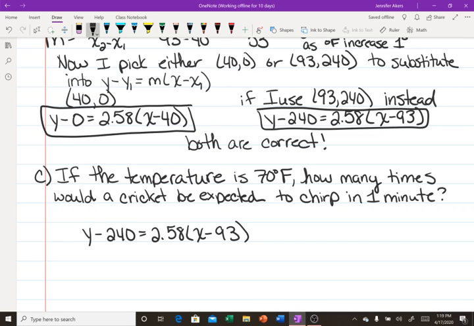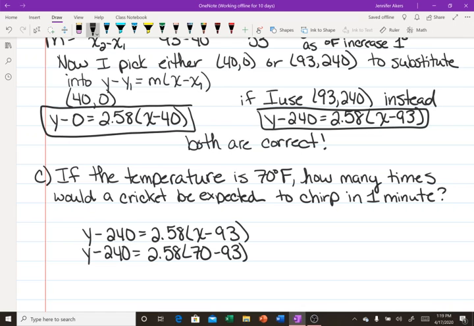Look up here. 40 and 0, what was the degrees? 40 was the degrees. And 93 and 240, what was the degrees? It was 93. So in my example in part C, I want to plug in 70 for x and I want to solve for y.